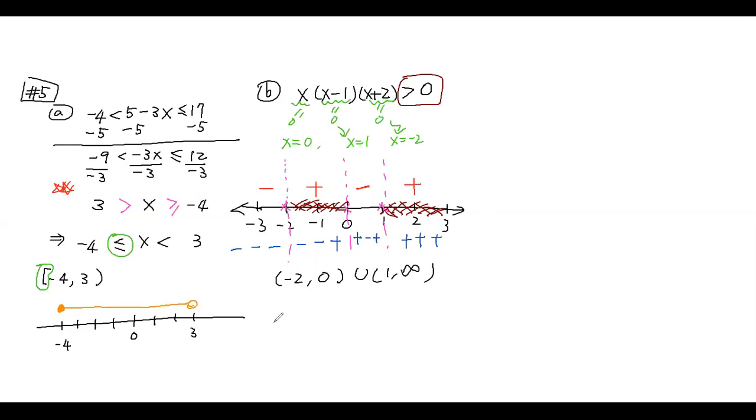If you want to write it in notation, here is 0, -2, and 1. Your solution will be from -2 to 0, so you draw like this, then 1 to infinity, so you draw like this, right? So this is another way to show it.